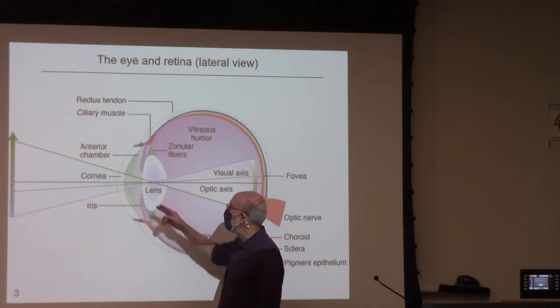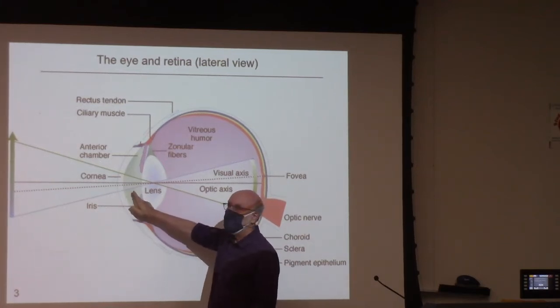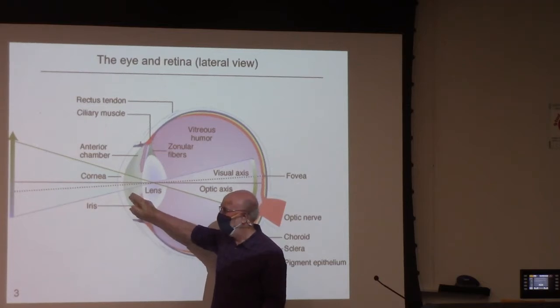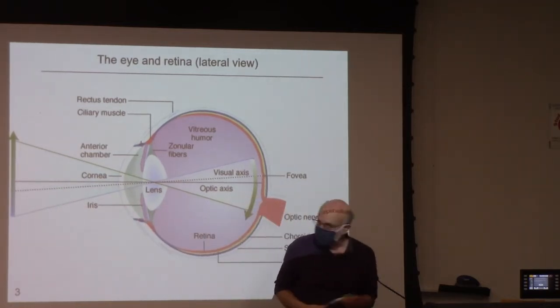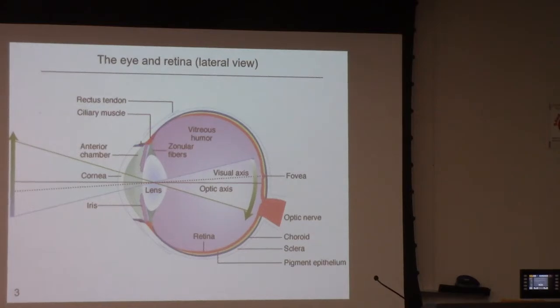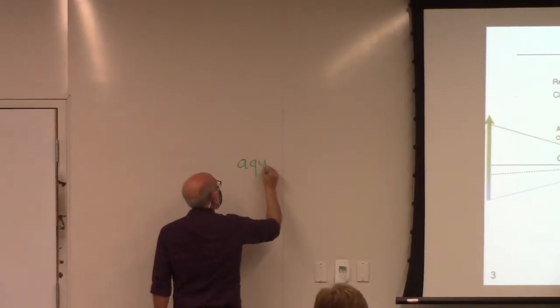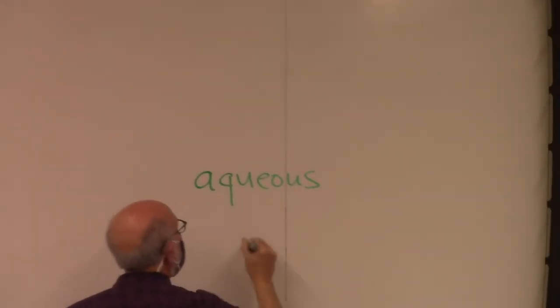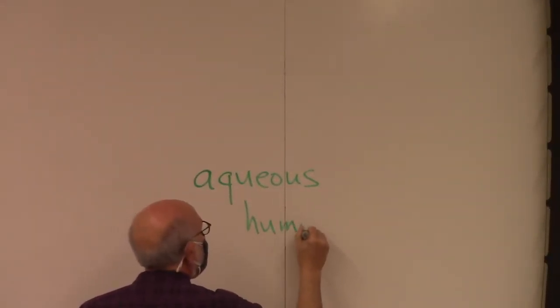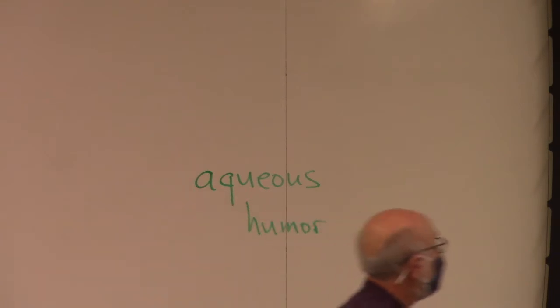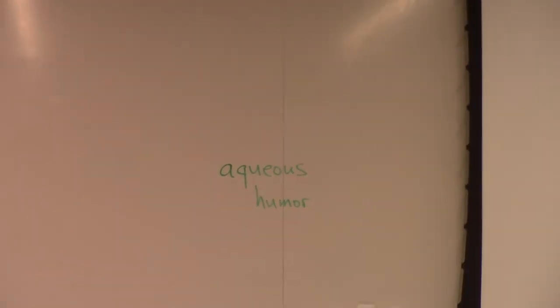So you need to annotate your slide, because in here is a fluid called the aqueous humor. Aqueous humor. I don't know why that label was left off of this slide, but it was.